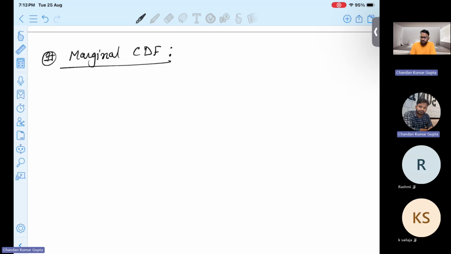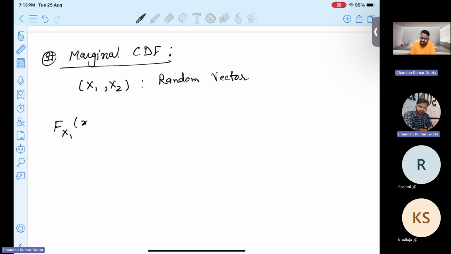So again, for simplicity, let's take a random vector. We have a random vector containing x1 and x2. Then if I want the cumulative distribution function of the random variable x1, it can be defined like this.